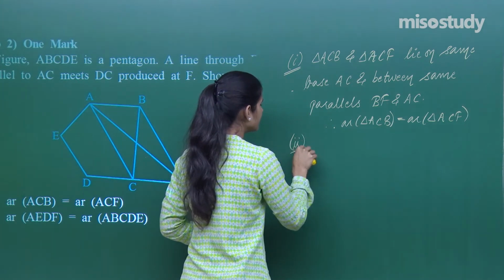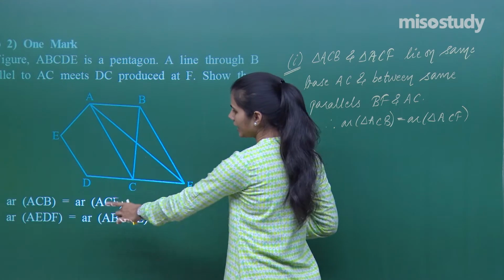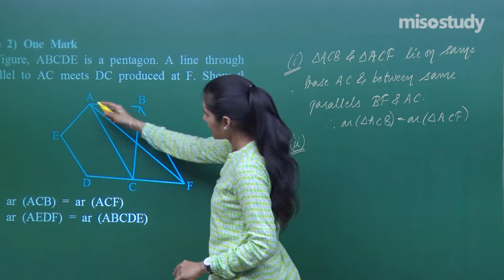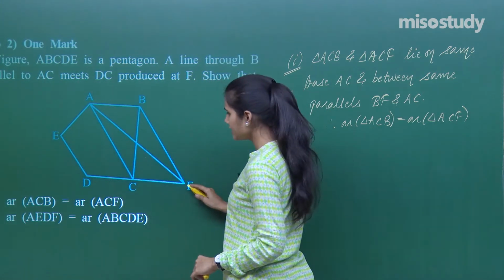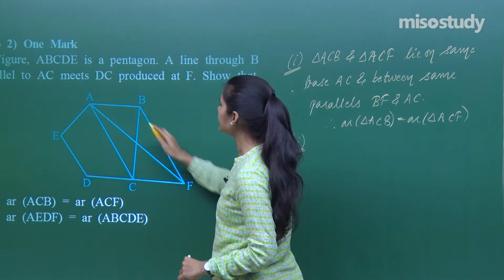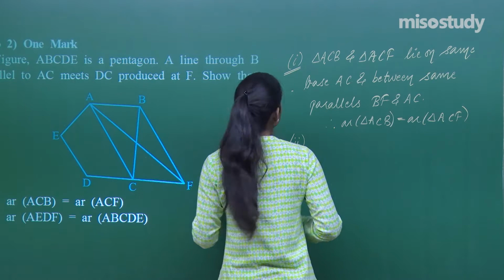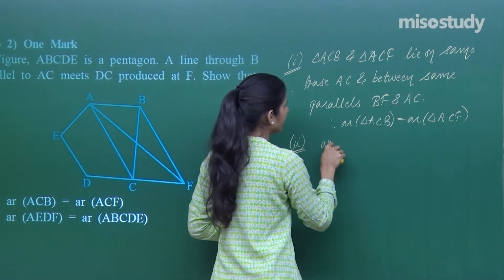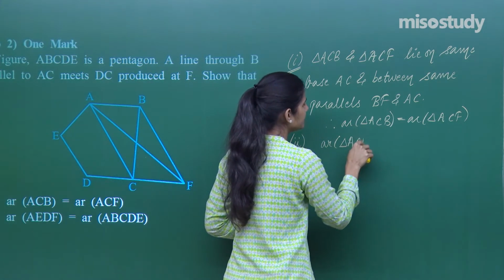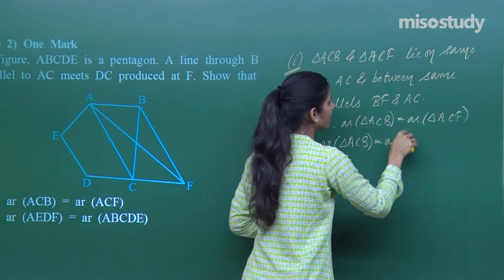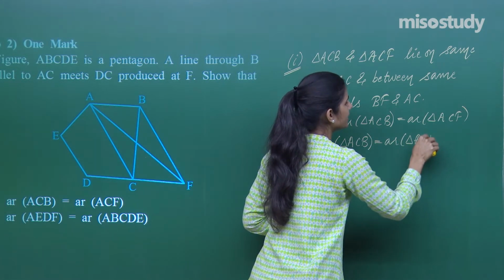Second part says that area of AEDF is same as area of ABCDE, this whole pentagon. So see, clearly area of triangle ACB is same as area of triangle ACF.